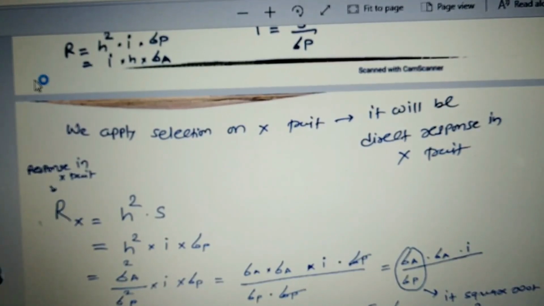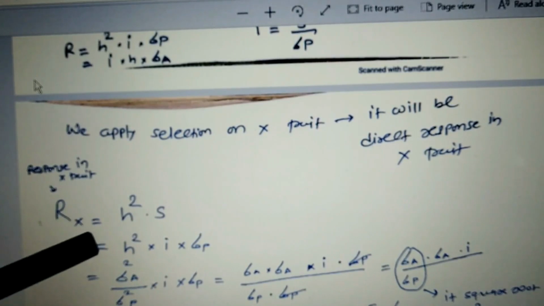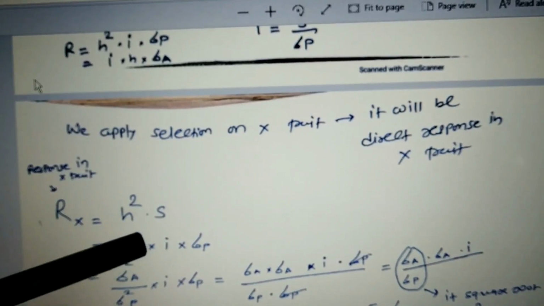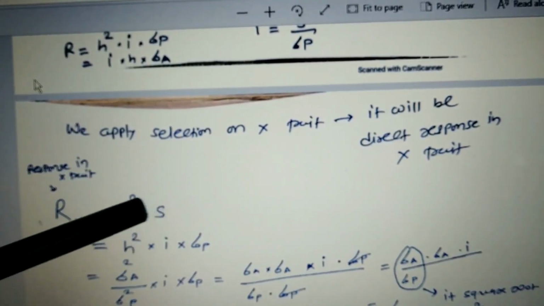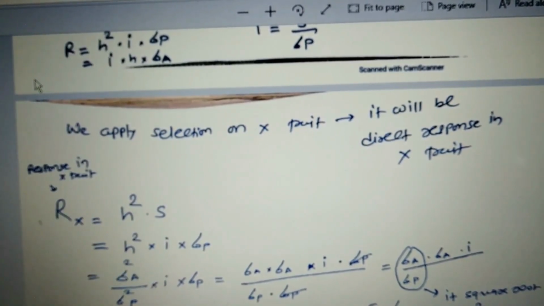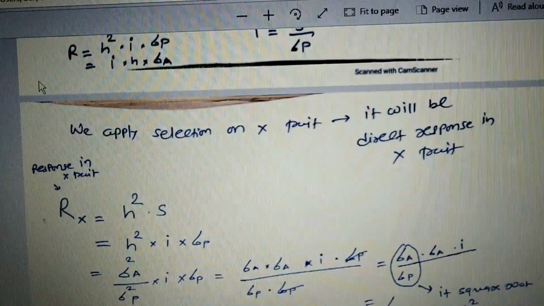So direct response, we can calculate that R is Rx, that indicates the response in the X trait. So Rx is equal to h square into S. Now in this h square, instead of the selection differential, we can write I into phenotypic standard deviation.